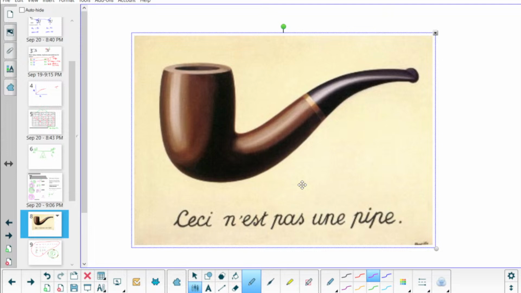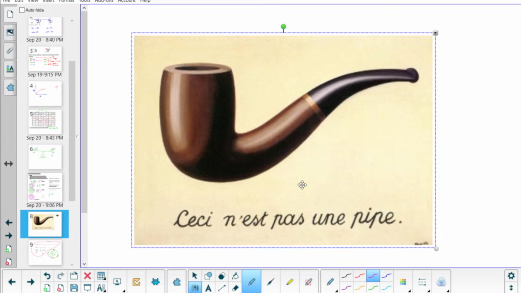No, that's not a pipe. What is it? This is a very famous picture. It's a painting. That's not a pipe, that's a painting. Is that a painting?